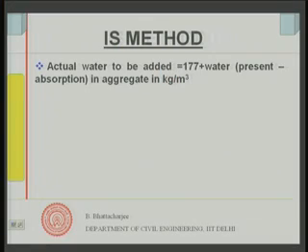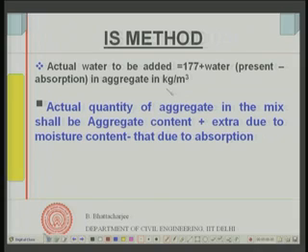So, if it is more, then that much water I should reduce from the total water. There should be a correction for the actual water present. If the water present is higher than the saturated surface dry condition, that I must subtract.